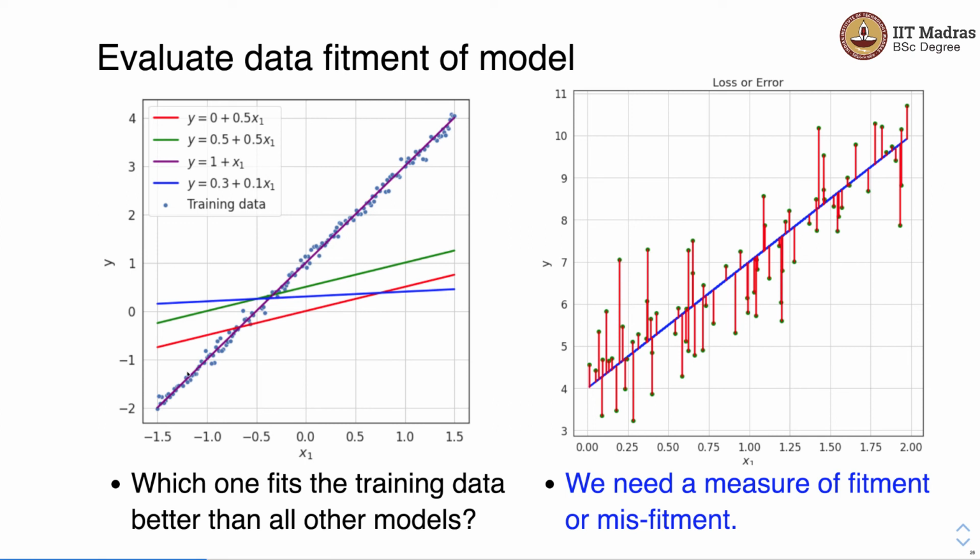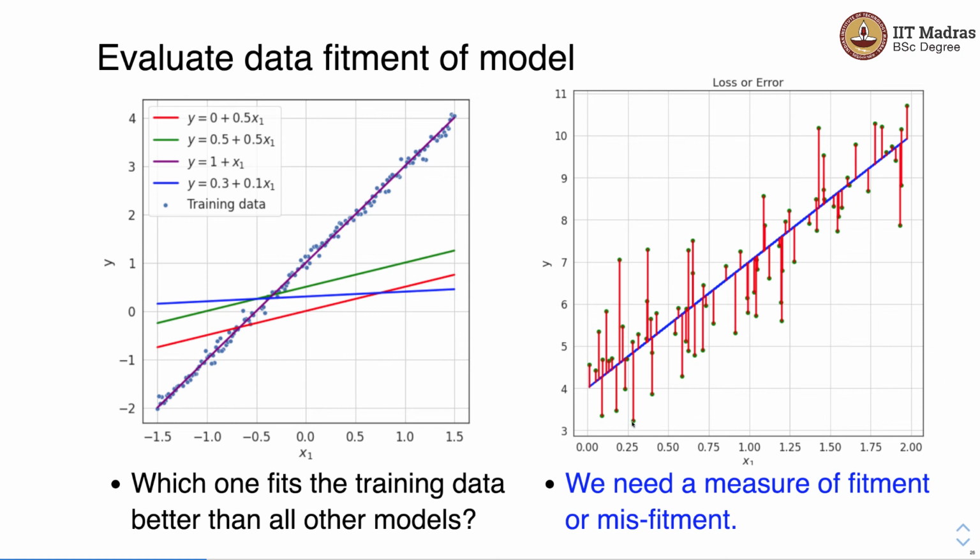So something like this, right? Let's say we have a model which is represented by this particular blue line, and these green circles correspond to actual points in the training set where they have feature x1, and for the corresponding feature x1 we have a value of y.